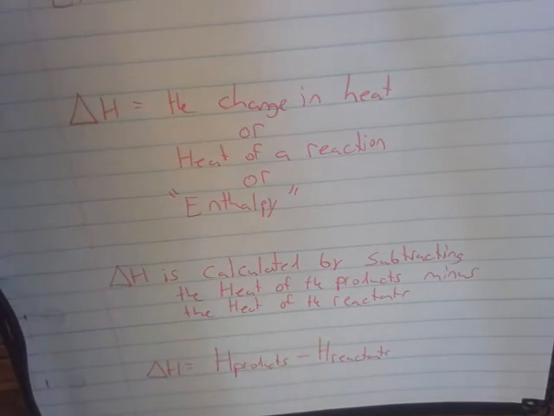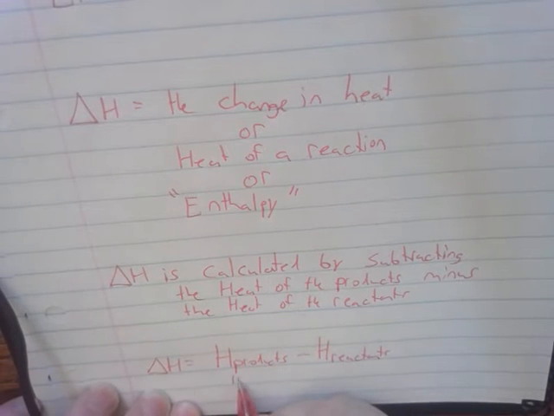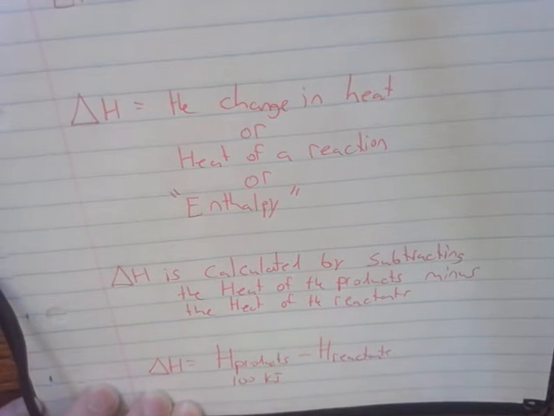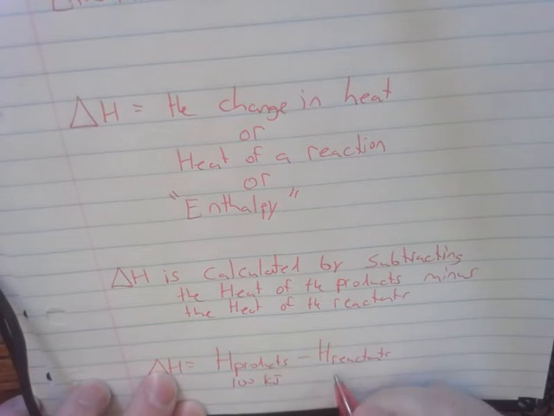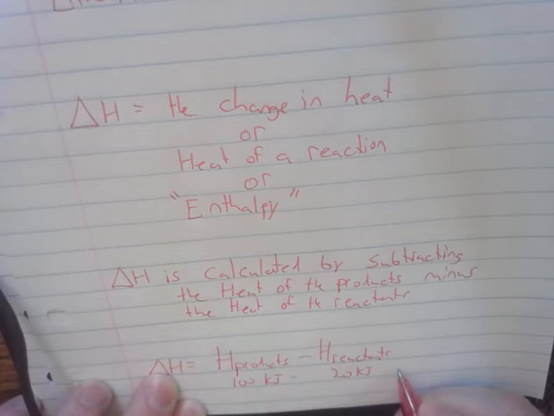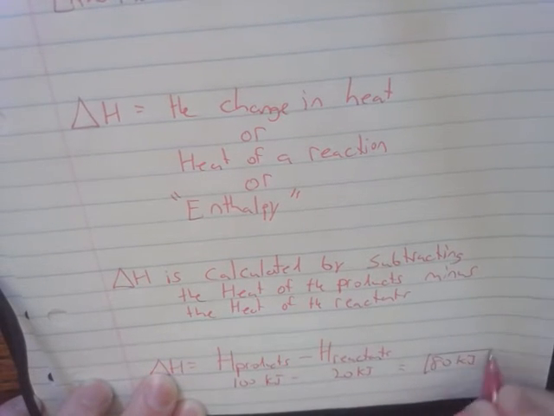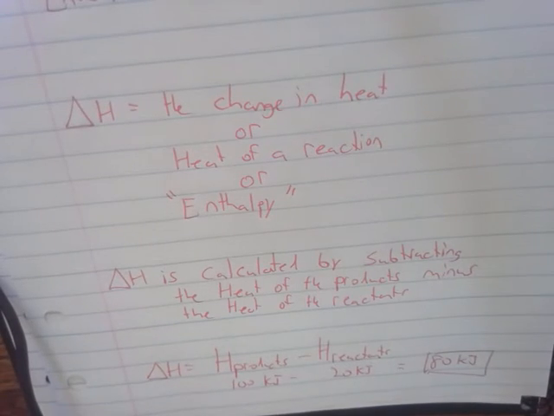Let's say that I had products that had a heat of 100 kilojoules and I had reactants at a heat of 20 kilojoules. So if I do 100 minus 20, I get 80 kilojoules. However, I could also have a situation where the delta H is negative.